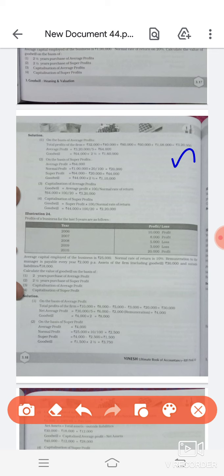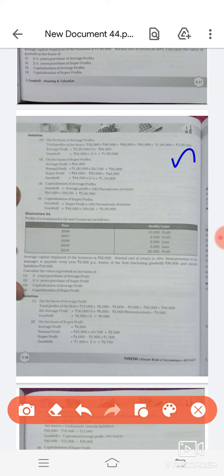Next is the capitalization of average profit. What is the formula? Average profit into 100 divided by normal rate of return. We already found the average profit, so 100 divided by 20. Capitalization of super profit, what is the formula? Super profit into 100 divided by normal rate of return.